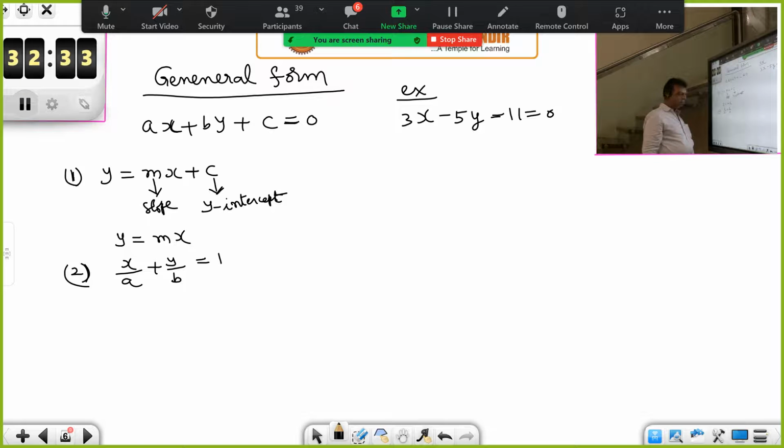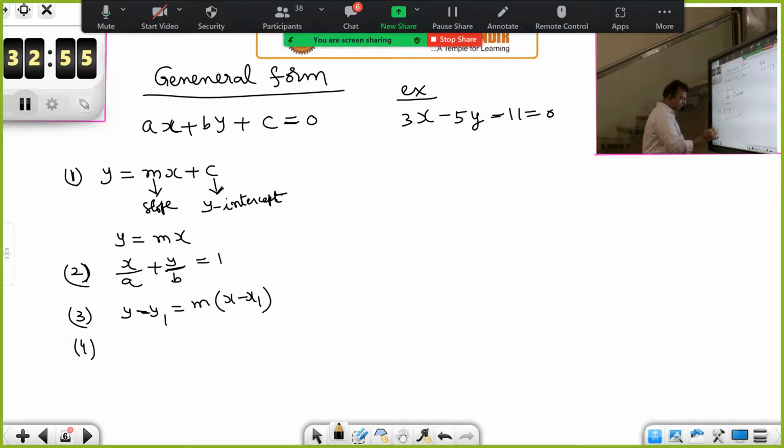Y-axis at what point? 0 comma b. So this is called intercept form. Next, point slope form. Tell me point slope form. So x1, y1 is a point on the line and m is the slope of the line.